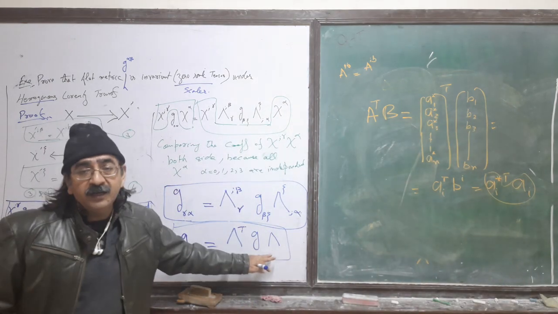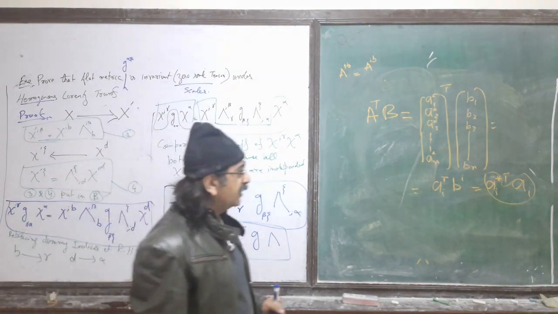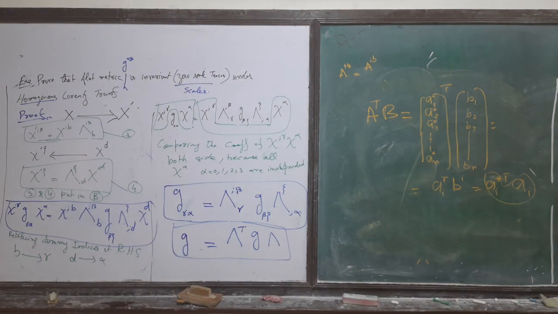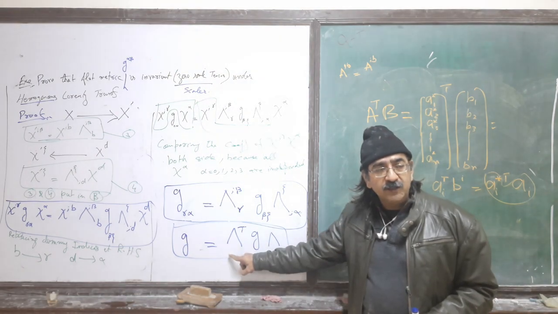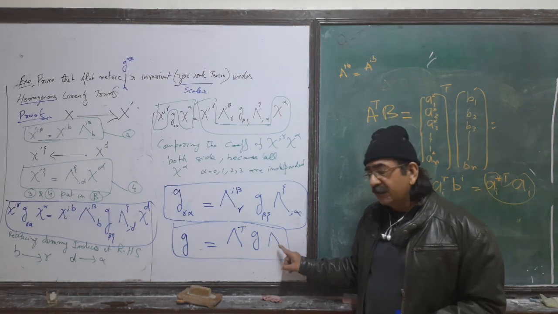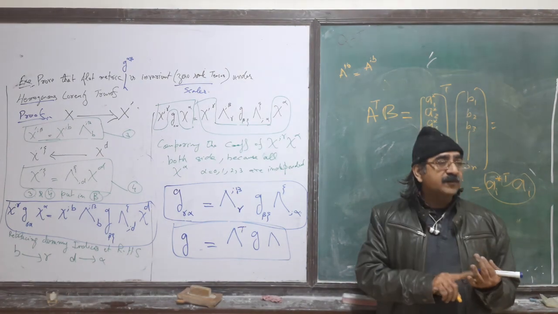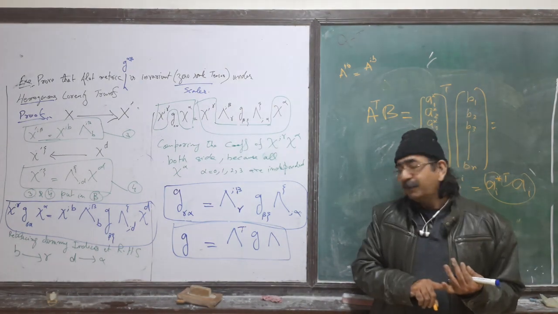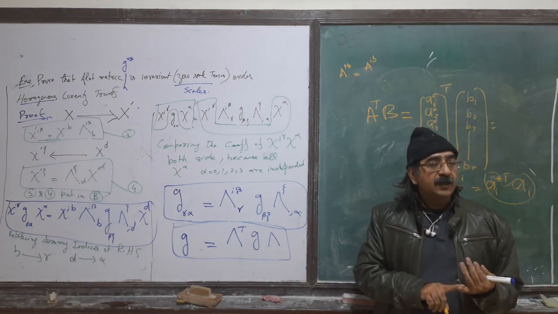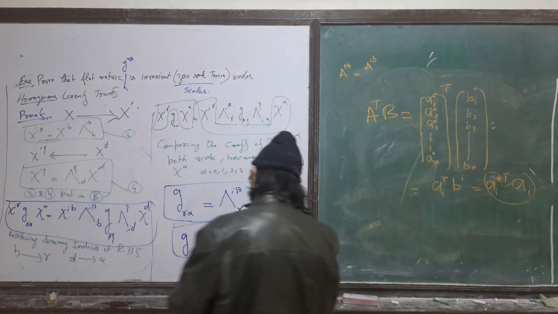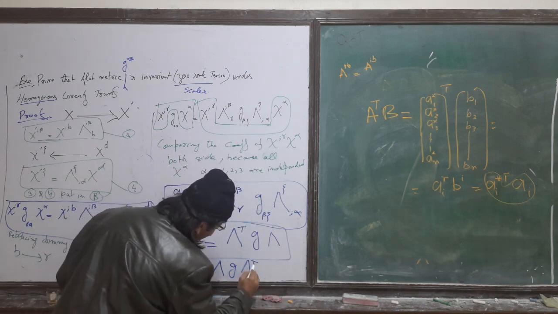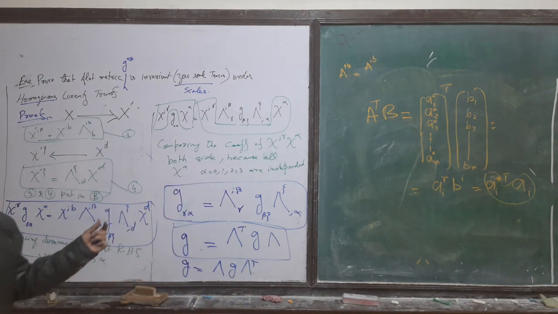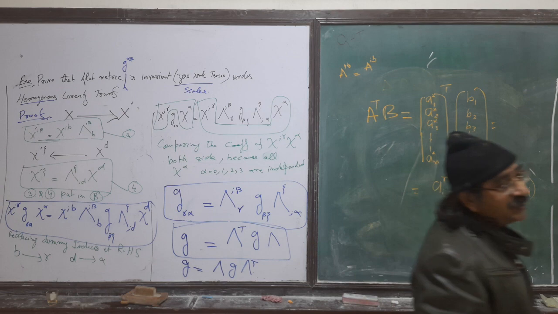This means G remains invariant under this. In the linear algebra course, you have studied symmetric transformations and such kinds of transformations. If you are taking the matrix of a transformation, on one side you will take the matrix itself and on the other side you will take the transpose. You may also write it in this form. So under transformation G will remain invariant.